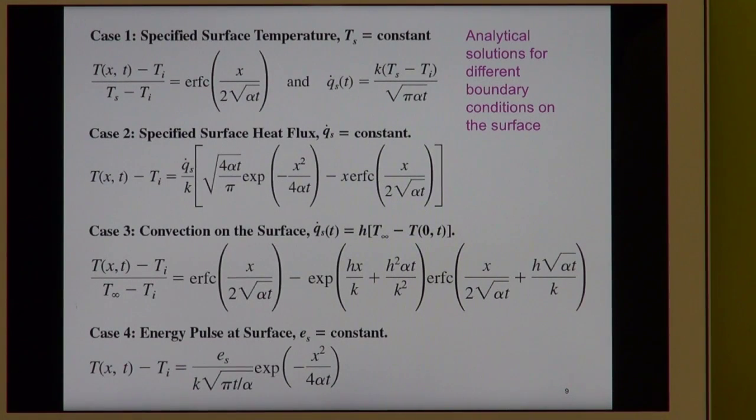The third one would be the convection on the surface. The wind is blowing over the surface. There's a convection heat transfer, and the heat transfer coefficient is given, or you can get it. And the fourth one is where you've got an energy pulse, for example, a laser. The laser would give a certain number of watts. And that would be the 4 different solutions.